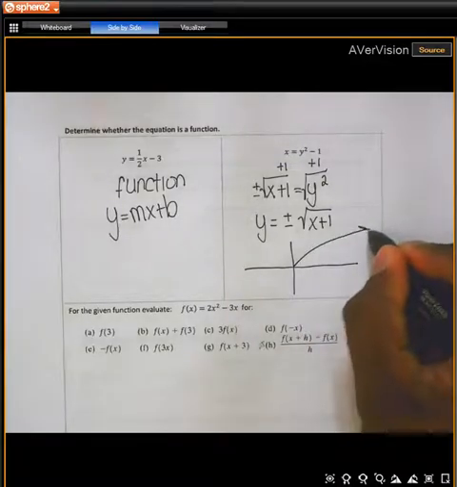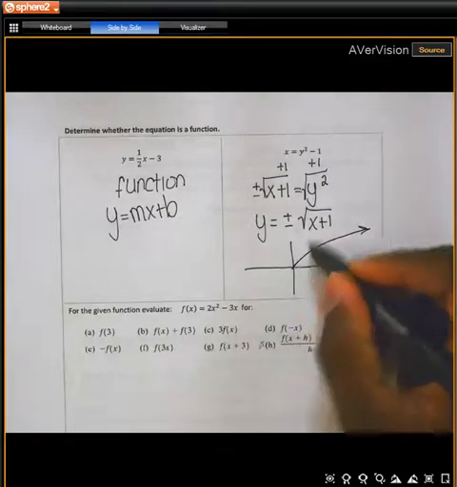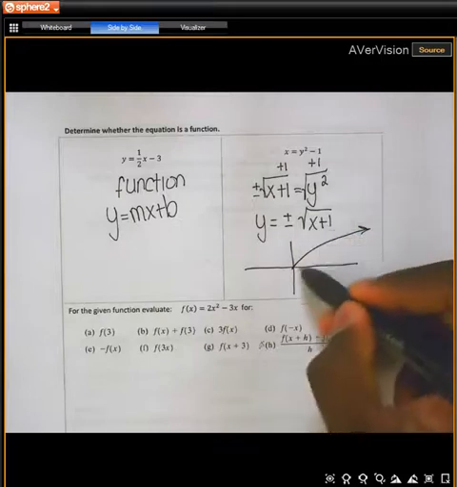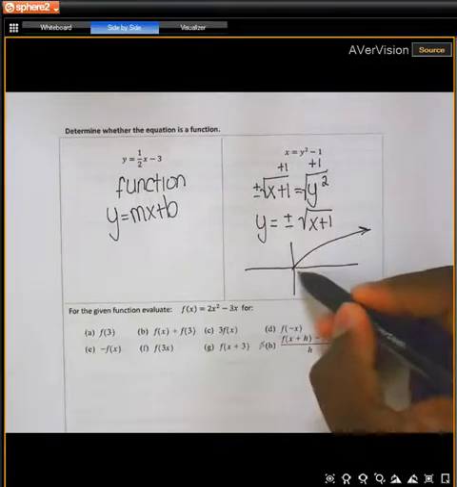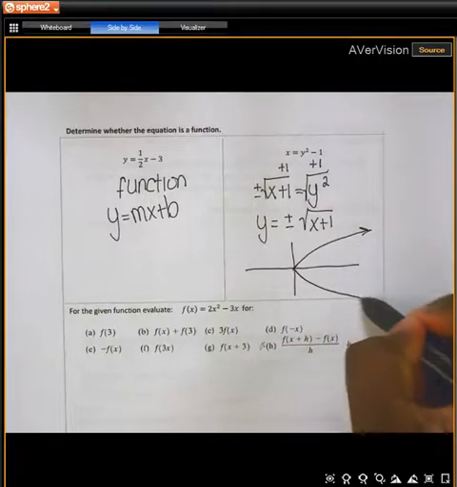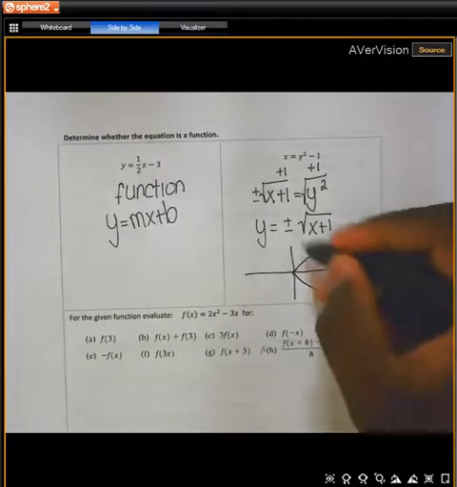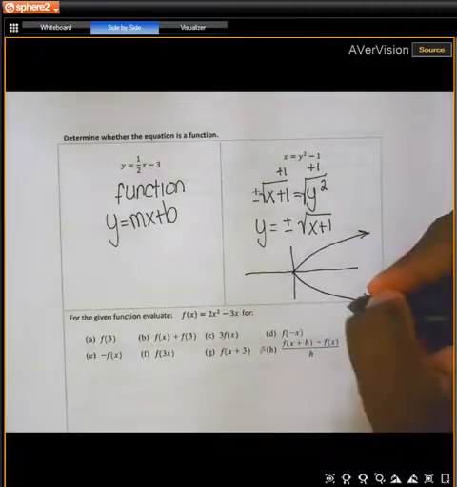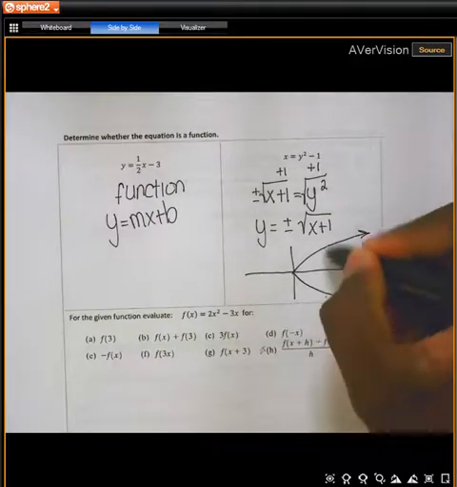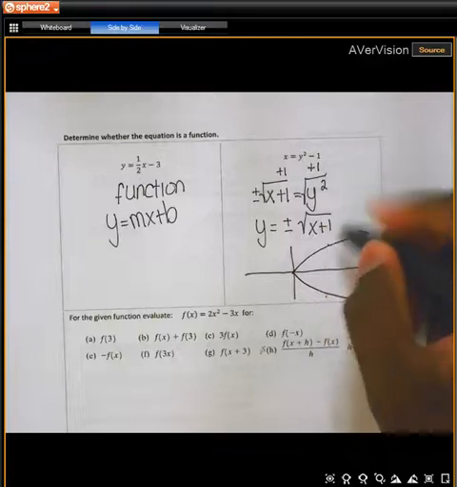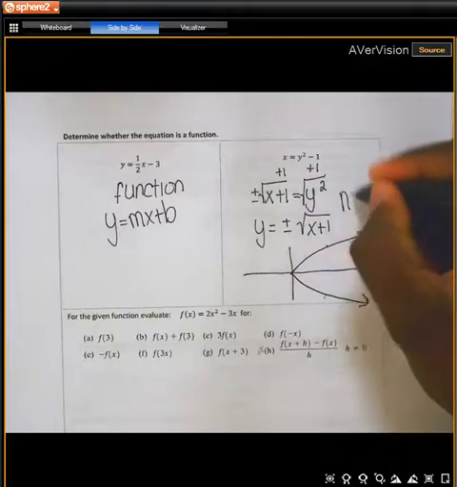It looks something like this, right? For this one, we have a positive square root function and a negative square root function. So does this one pass the vertical line test? No, it doesn't, because if we draw a vertical line anywhere on this graph, it's going to touch our graph in two different spots. So this one is not a function.